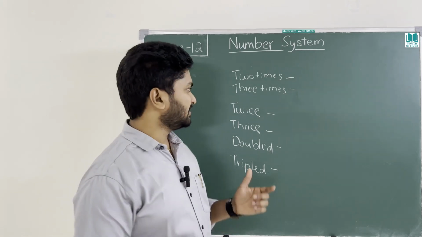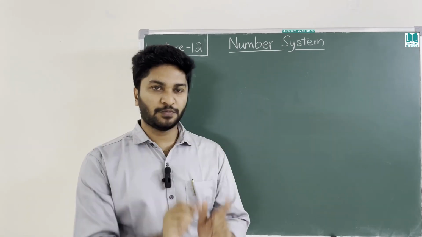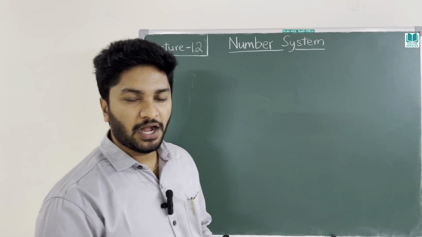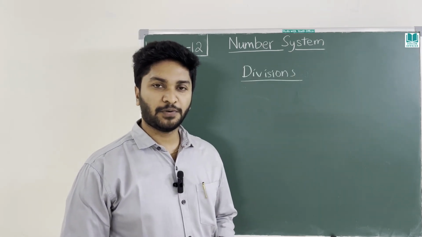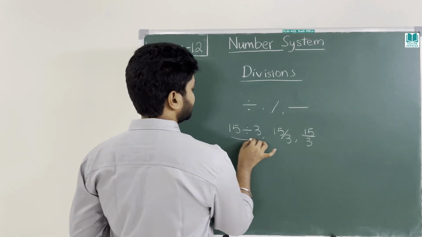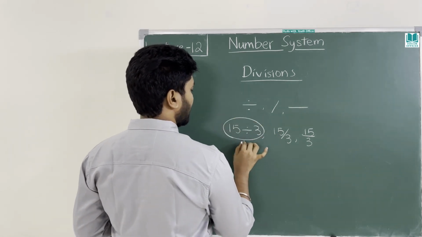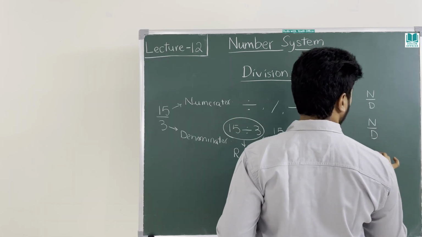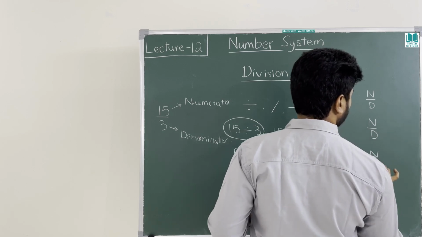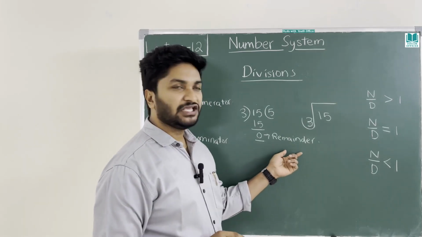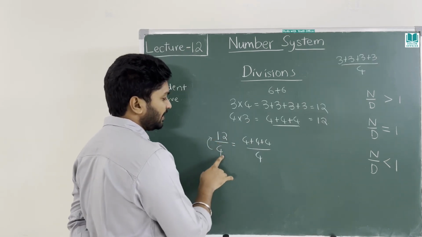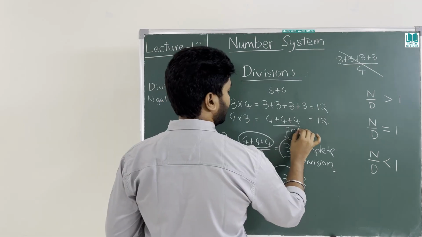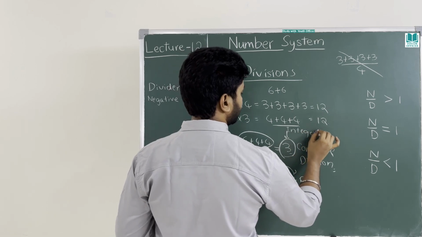If anyone is using this kind of words, there is a small lock. That is called divisions create lot of problems if you don't know them properly. Whenever it is in this form, they are asking for n by d. There will be three cases. This spelling you should be very careful. 12 has to create a family which may look like 4. Integer will be the answer.